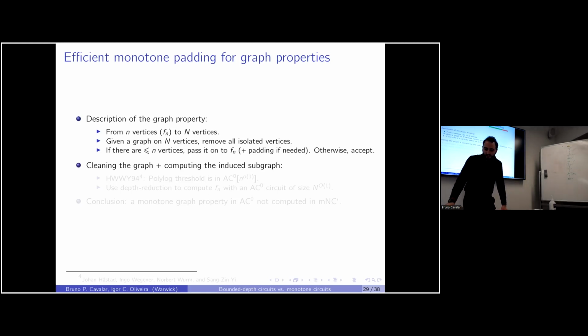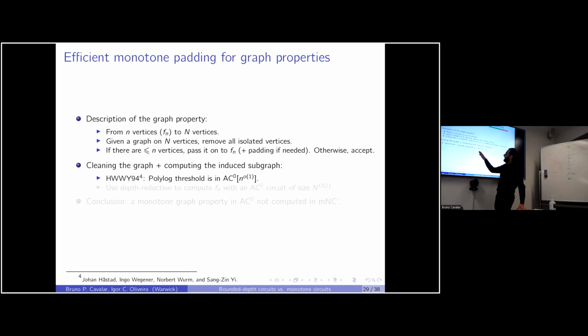So how do you clean this graph and compute this subgraph? You want to make sure you can do that in AC0. If the number little n is polylog of capital N, then you can do that in AC0 using the fact about polylog thresholds.